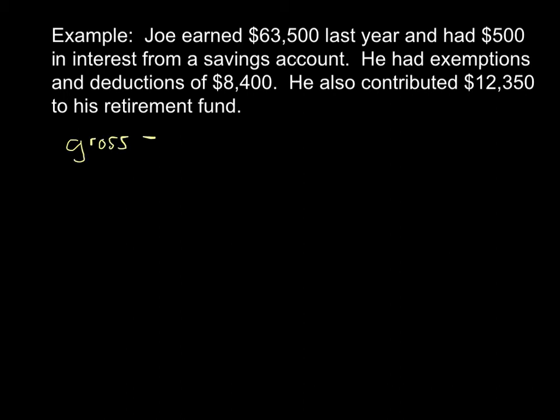Joe has earned $63,500, and then he had $500 in interest. So I'm going to take the $63,500 and add on the $500 of interest, and this makes my life easy. That's $64,000. That's his gross income.